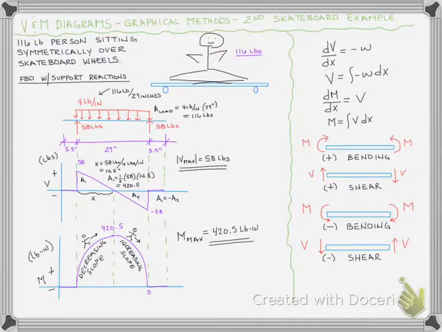It's interesting to note that on the first shear example with the skateboard where a 170 pound person stood on it, with point loads close to the wheels, our max moment was actually less than for a uniformly distributed load that was only a 116 pound person. So think about how the loads are distributing, and how the shear is almost half on this problem of what the max shear was for a 170 pound person standing close to the wheels. So shear and moment diagrams can tell us a lot of useful information.